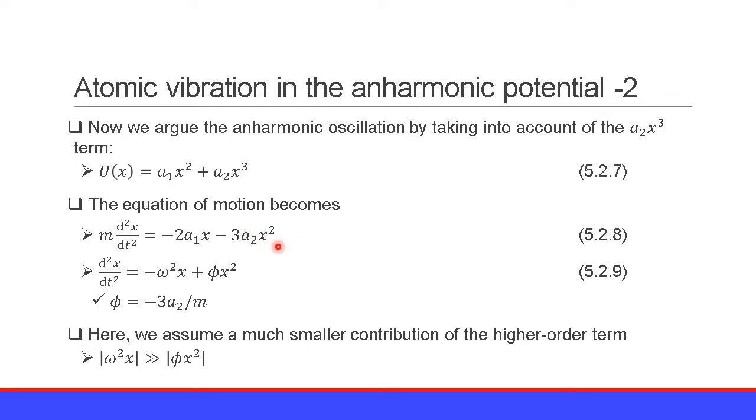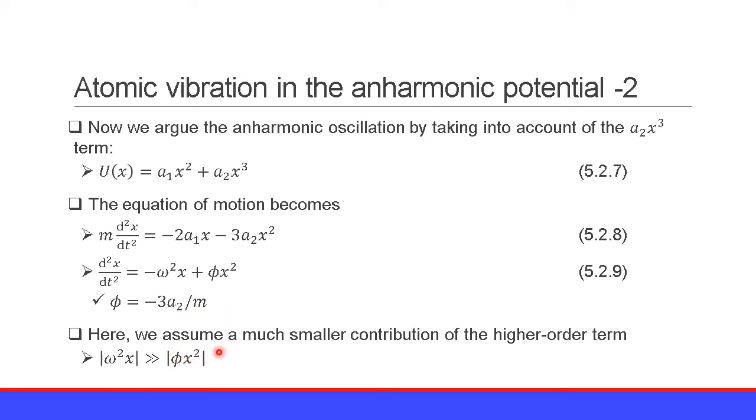Then we can simplify this equation as the second derivative of x with respect to time t is equal to minus omega squared x plus phi x squared. Here phi is minus 3a2 over m.